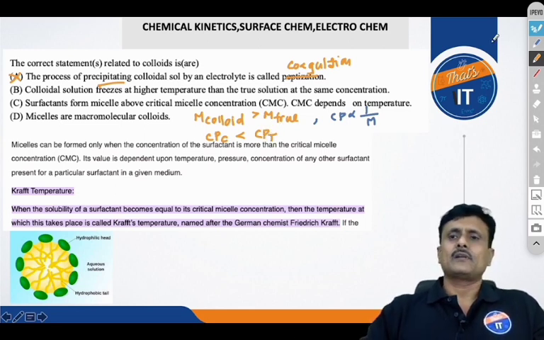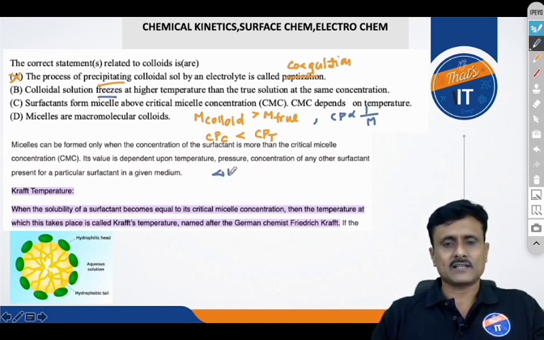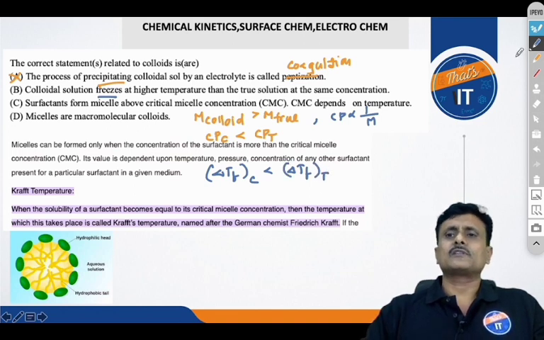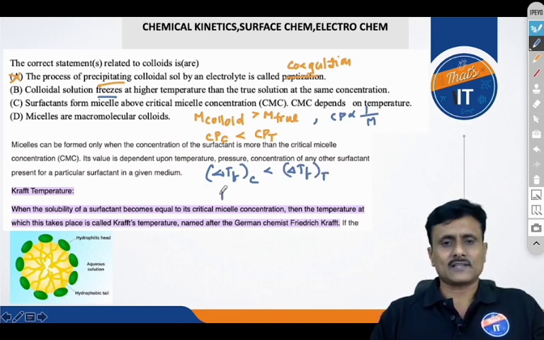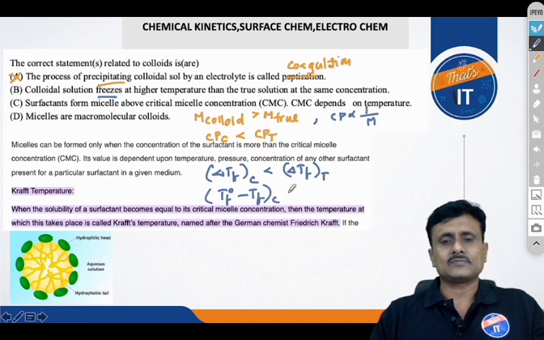Okay, that means here the delta TF is being mentioned. Delta TF of the colloidal solution, one of the colligative properties, is less than that of delta TF of the true solution. So when you are writing delta TF, you know that you will be writing TF naught minus TF, depression of freezing point of the colloidal solution is less than that of TF naught minus TF of the true solution.